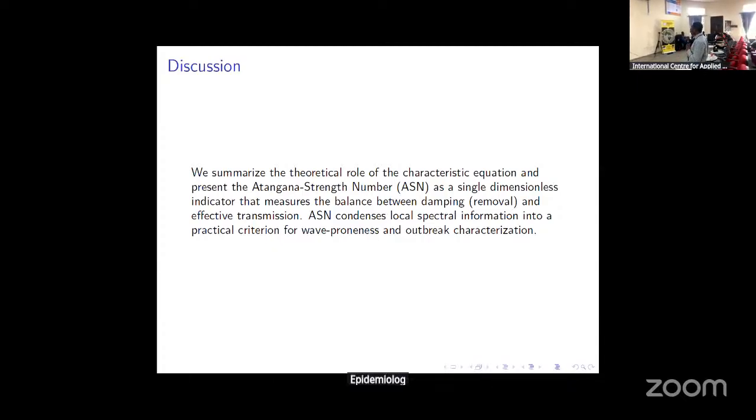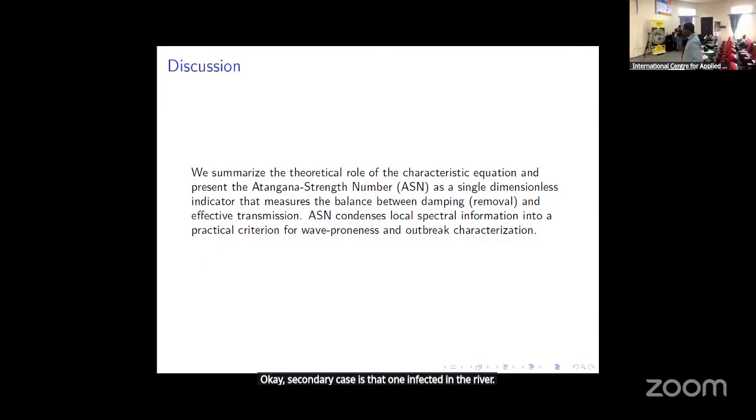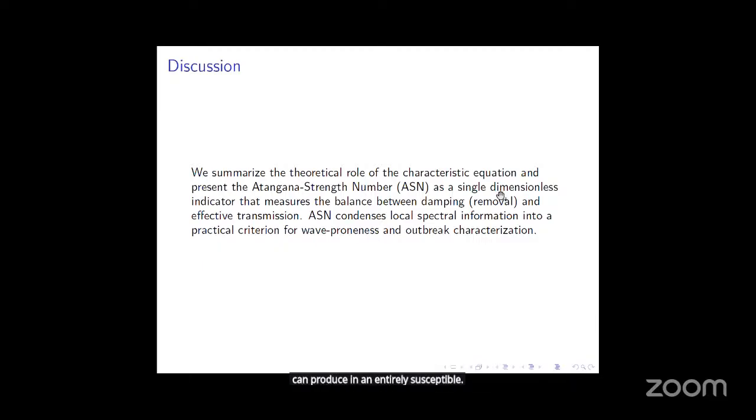Epidemiologically, the reproduction number, particularly the basic reproduction number, by definition has to do with the expected number of secondary cases that one infected individual can produce in an entirely susceptible population throughout its lifetime of being infectious.